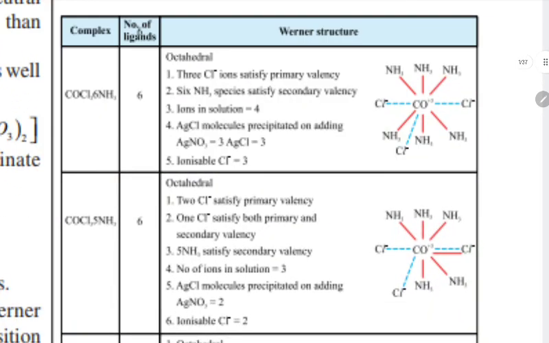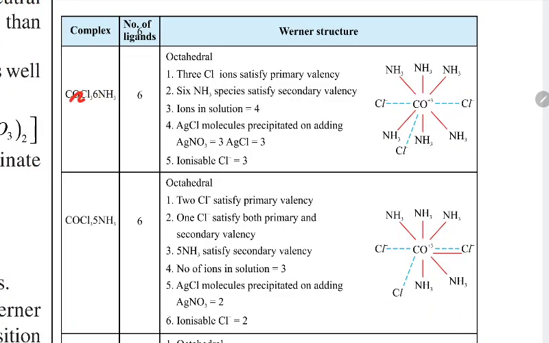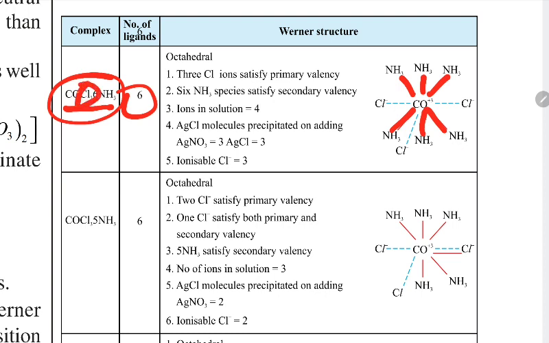Now let's see the Werner theory in detail. If you talk about the CoCl3.6NH3 complex, the coordination number is 6, so it has 6 bonds. There are 6 solid lines, and here are the 3 Cl.